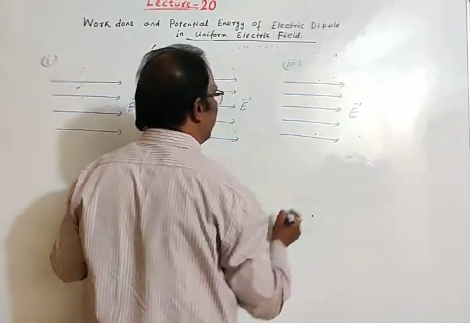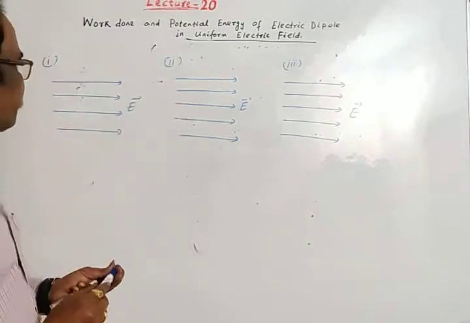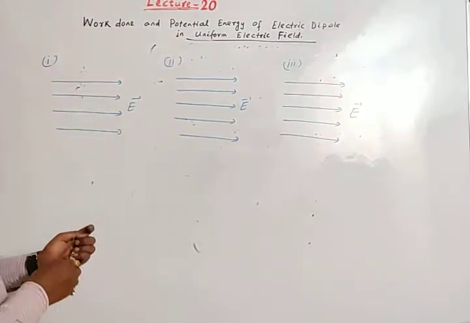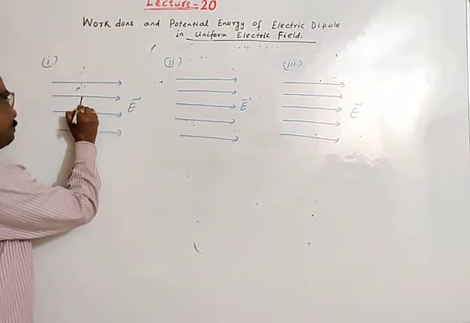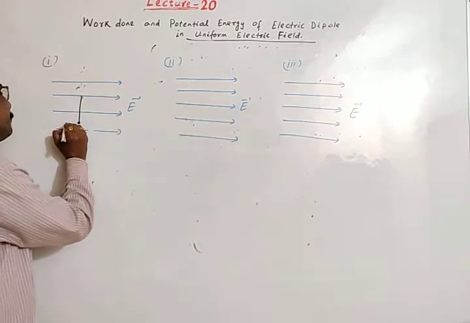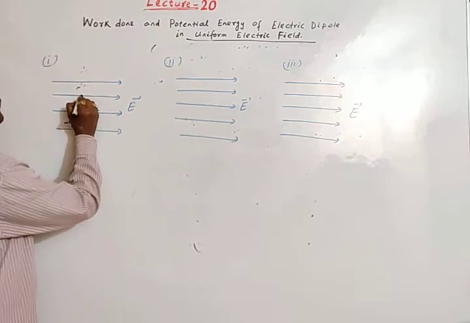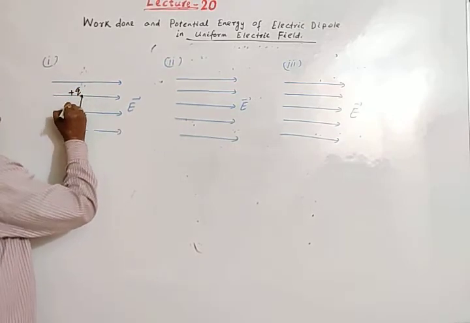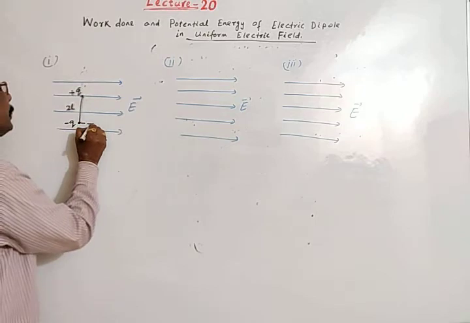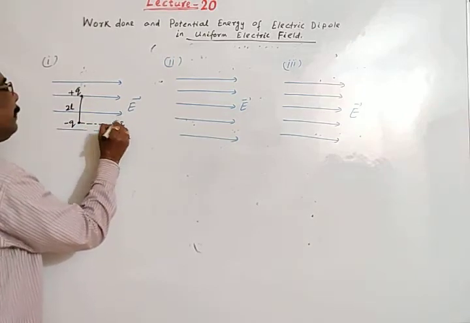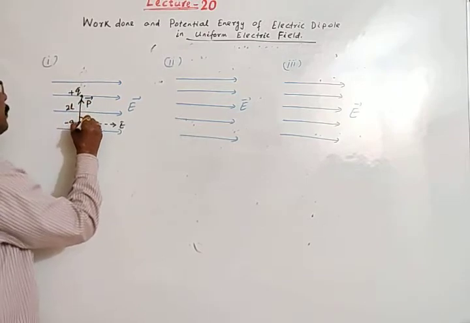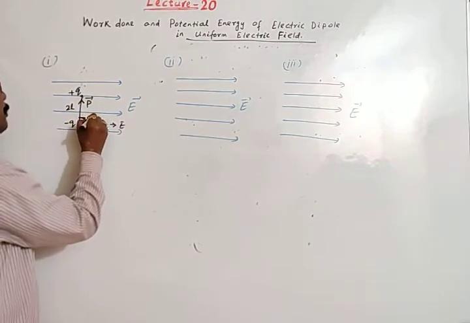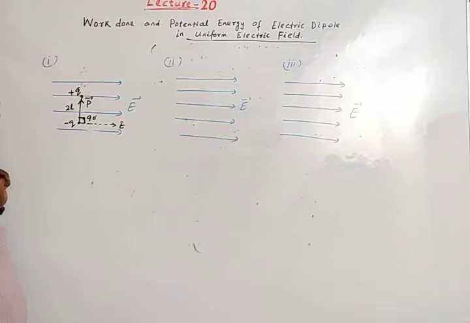Next, suppose in the first case, this is the direction of the electric field, and a dipole is placed like this. This is minus q, this is plus q, the length of the dipole is 2l, this is the direction of the electric field, and this is the direction of the dipole moment, and here theta is 90 degrees.